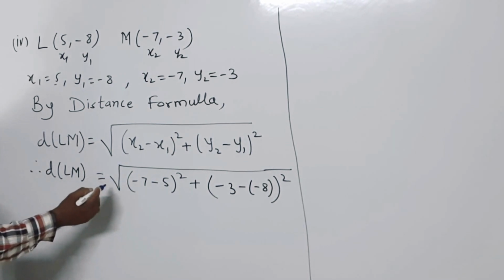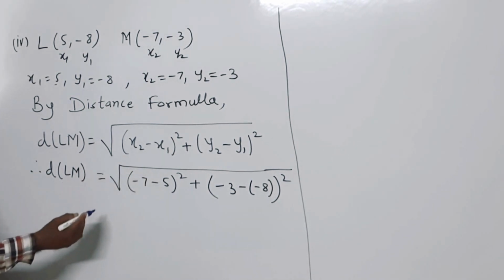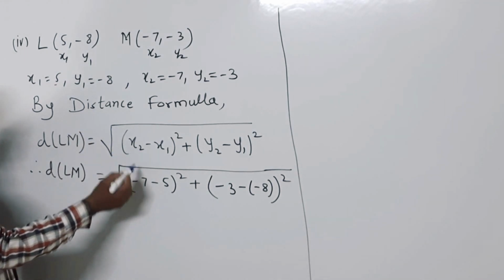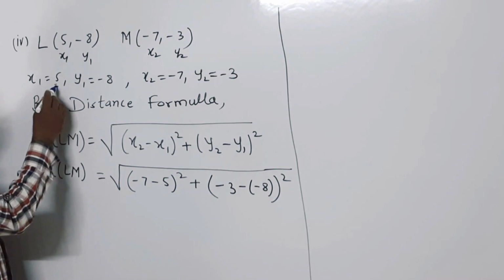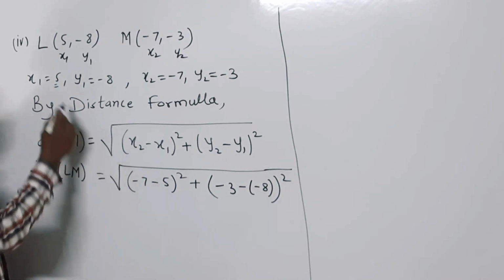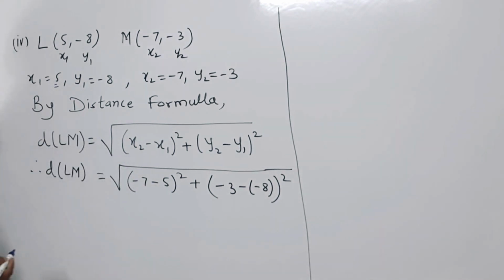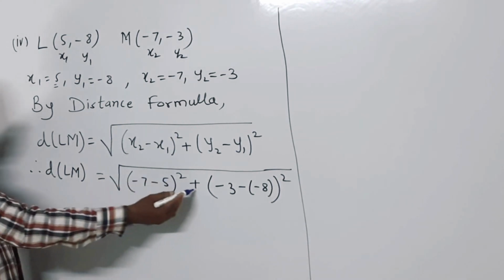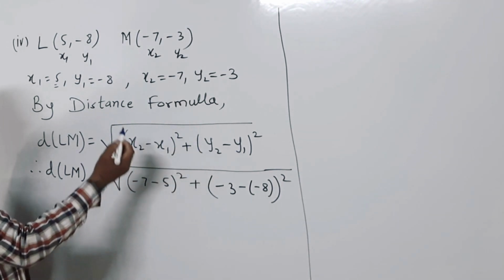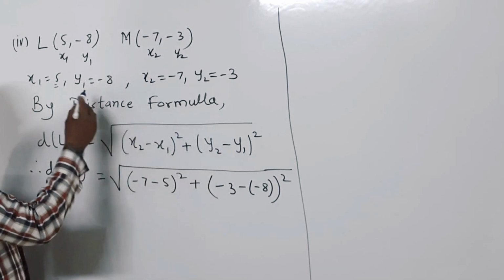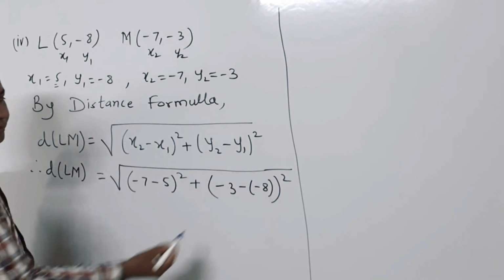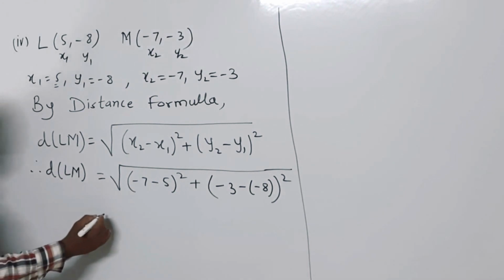Distance LM is equal to square root of (x2 = -7 minus x1 = 5) square plus (y2 = -3 minus y1 = -8) square.